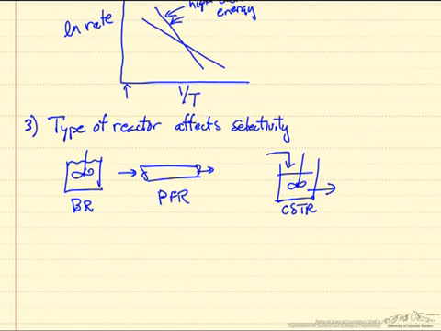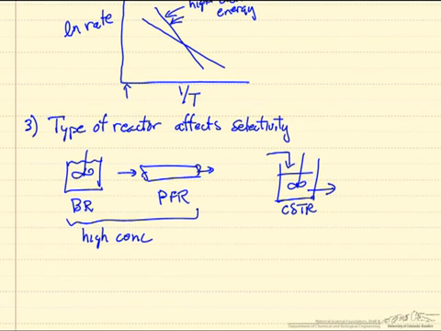Well, the type of chemical reactor that we use certainly affects the selectivity, and so we're just looking at some basic ones here. Batch and plug flow reactors start out at a high concentration of reactant and then it decreases. So if we want to favor reactions with the higher concentrations, we want the selectivity towards the higher order reactions.